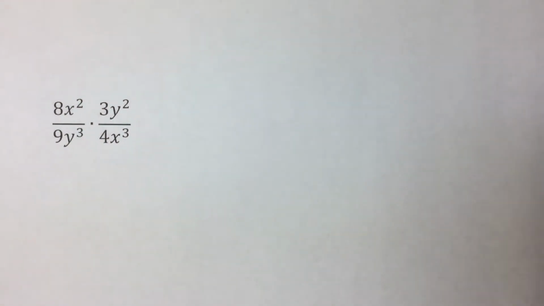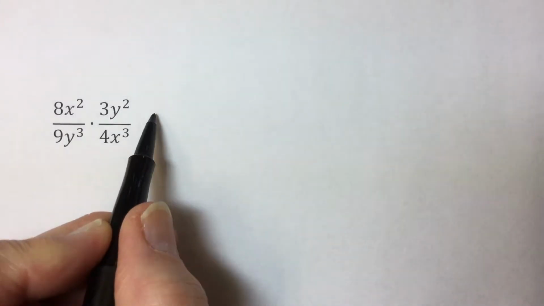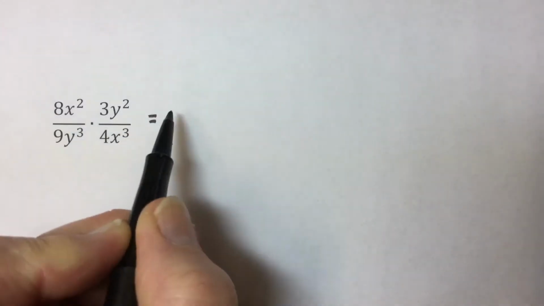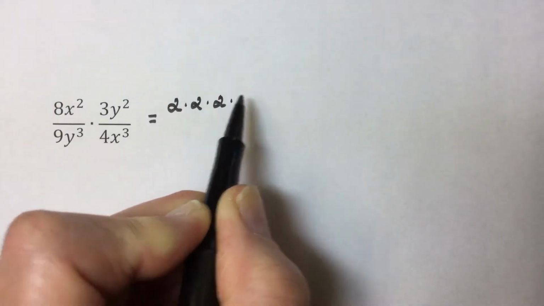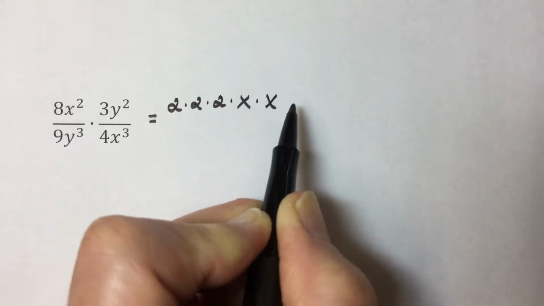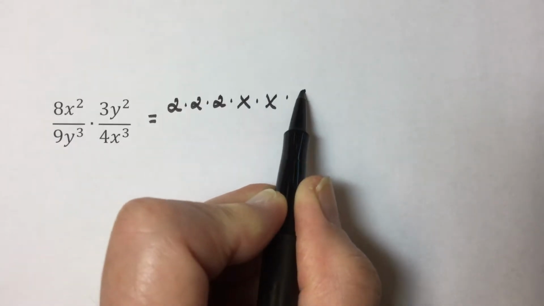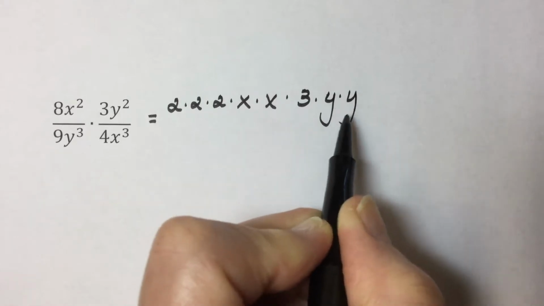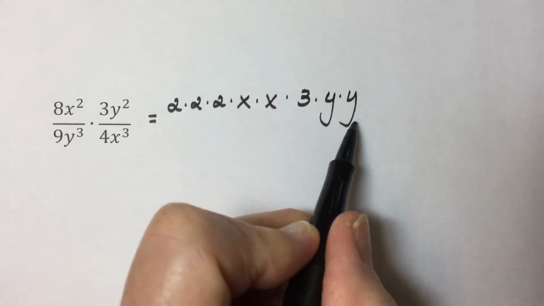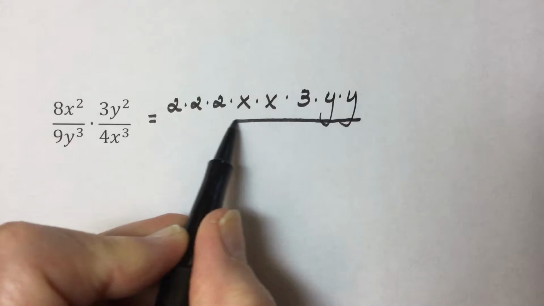In this next example, let's form the product of the numerators and the product of the denominators with prime factorization. So 8 breaks down into 3 2's, x squared into 2 x's, and 3 followed by 2 y's for the numerator.